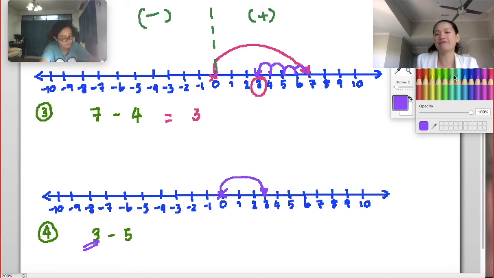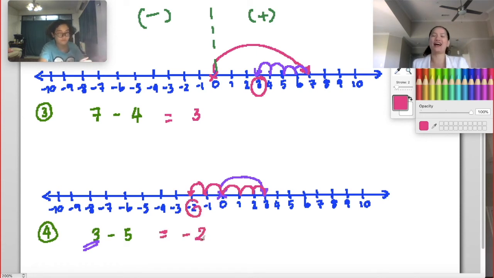And then minus 5. Go to the left or right? Left. Okay, you count with me, Layla. 1, 2, 3, 4, 5. Yes, and your answer is minus 2. Yeah, good job, Layla. This is how to calculate by using the number line.